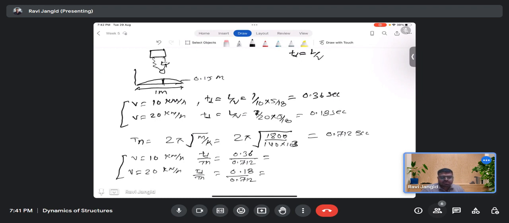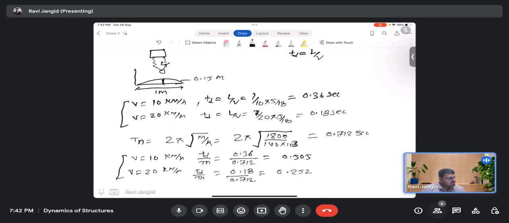If you do this, I am getting around 0.505 and 0.252. So Td by Tn is 0.505 and 0.252.